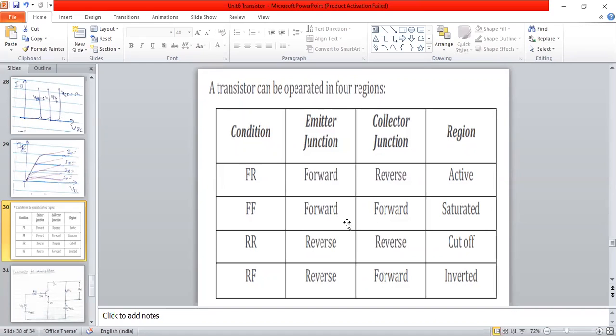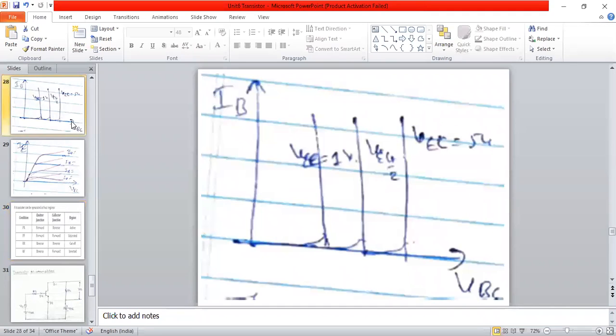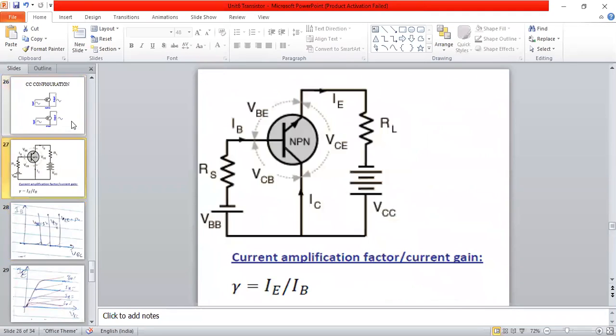In the next one, the emitter junction is forward, but the collector junction is also forward biased. Can you check the circuit diagram where we have done forward bias? Both were given positive supply for the NPN, but it is not forward bias.